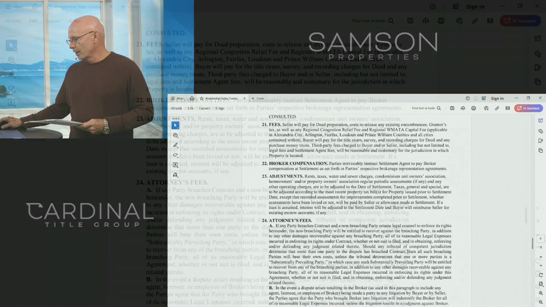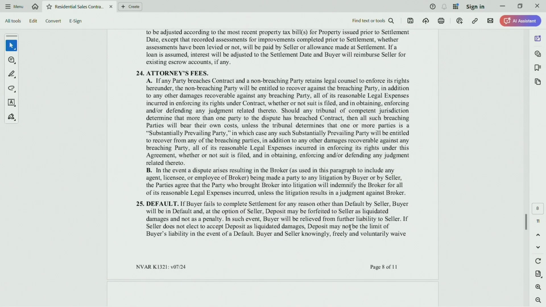Paragraph 24 is attorney's fees. The thing with this paragraph really is just make sure that your buyer or your client understands two things. One is we're not attorneys, we're real estate professionals, right? If we ever get to a point in the process where I recommend that you go to an attorney, this attorney's fees paragraph may come into effect. Now, the second part to remember when we're talking to our client is if we're in the right, your attorney's fees most likely will get reimbursed to you.